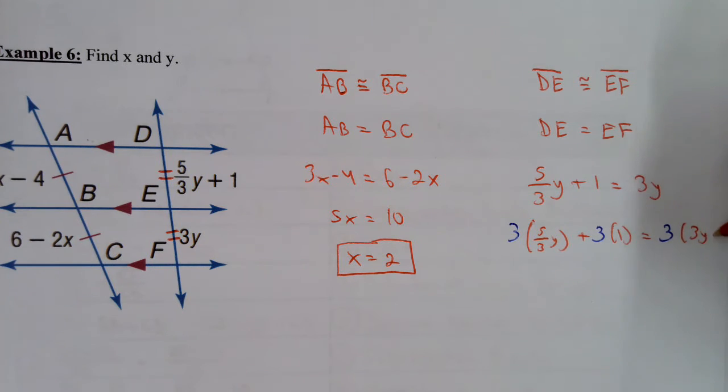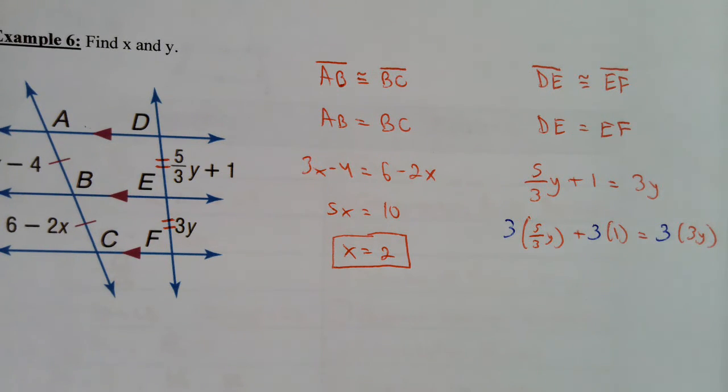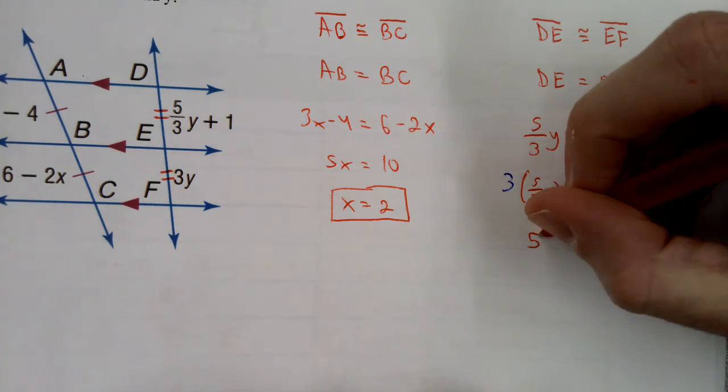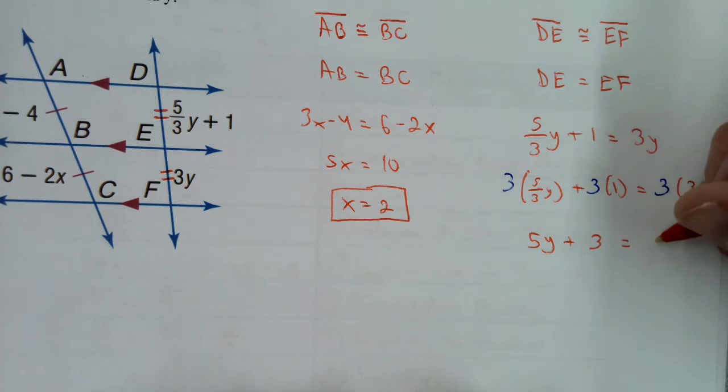The reason why I'm multiplying everything by 3 is because that's my denominator, and that will clear the fractions. Because when I multiply by 3, there's no more fractions, because 3 times 5 over 3y equals 5y. Plus 3 equals 9y.